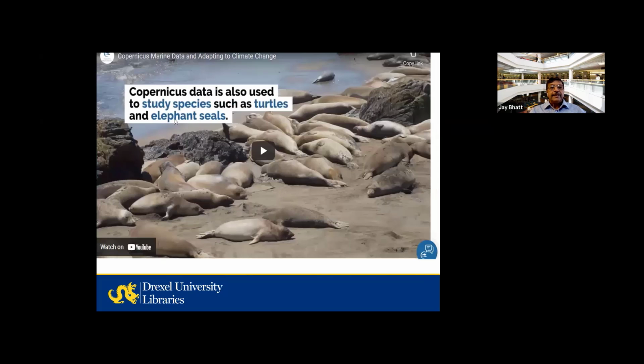One example that I found here is that Copernicus data is also used to study species such as turtles and elephant seals. So again, we are looking into biology now. A lot of interdisciplinary data can be discovered if you know where to access it.